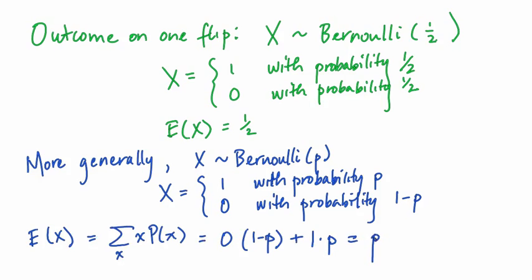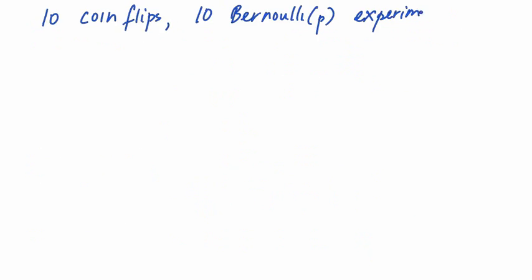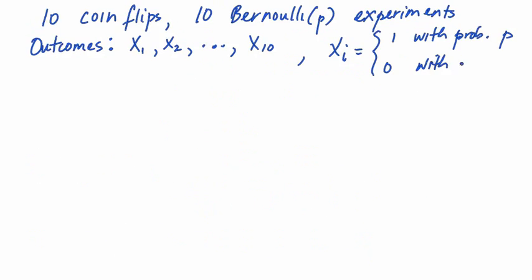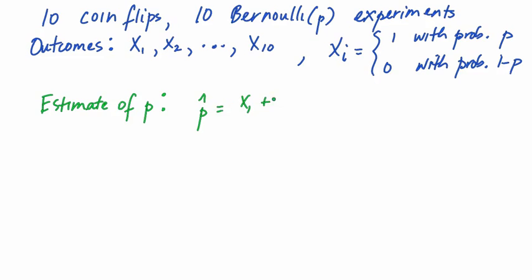to be p. If we think of 10 repeated coin flips, each as Bernoulli p random variables, with outcomes for these 10 Bernoulli random variables x1 through x10, and we estimate p, the probability of what we're interested in happening, as the number of times it happens divided by the number of experiments, 10 in this case, then this is x1 plus x2 plus x3 and so on plus x10 divided by 10, because, say it happens 4 times in our 10 experiments, then 4 of x1 through x10 will be 1 and the other 6 will be 0.